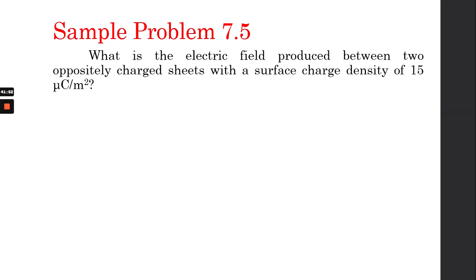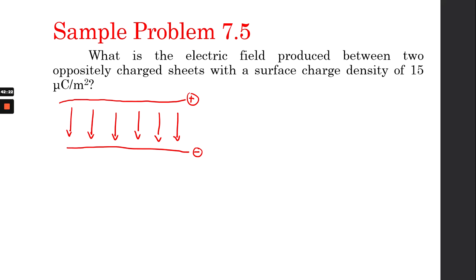Before we go, let's try to solve this last one. What is the electric field produced between two oppositely charged sheets with a surface charge density of 15 microcoulombs per meter squared? So we know earlier, if we have charged sheets that are parallel, with the negative and the positive, the electric field is going towards this direction.